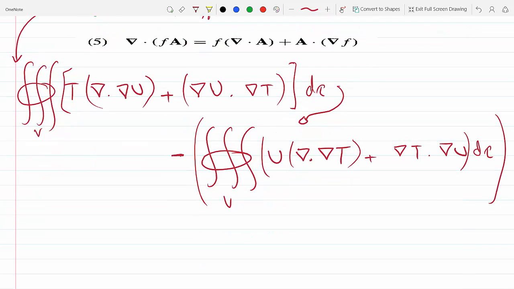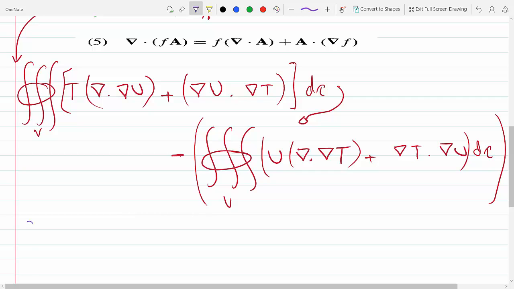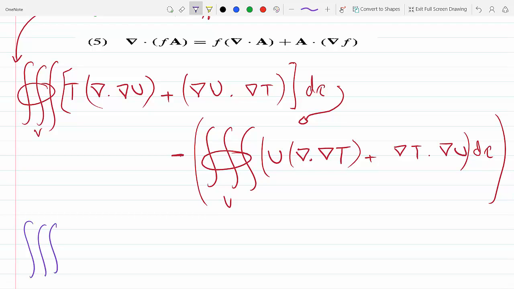Okay, and so let me use a different color. We have T. What's the divergence of the gradient? That's just the Laplacian.